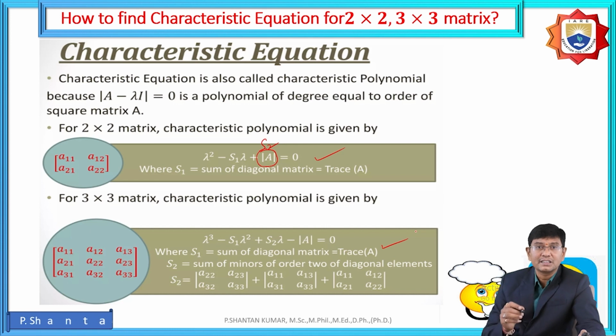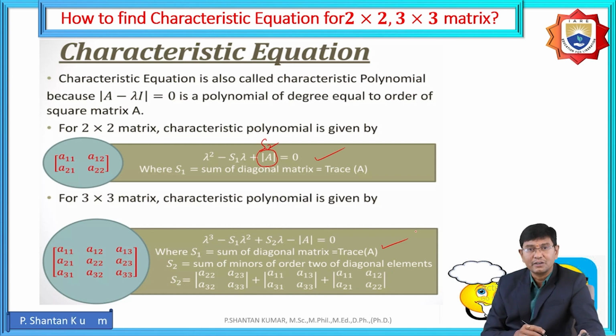That means you need to find the minors of the principal diagonal elements, and after finding them, add the 3 values. That is the meaning of the s2 value. And s3 is the determinant of the matrix.